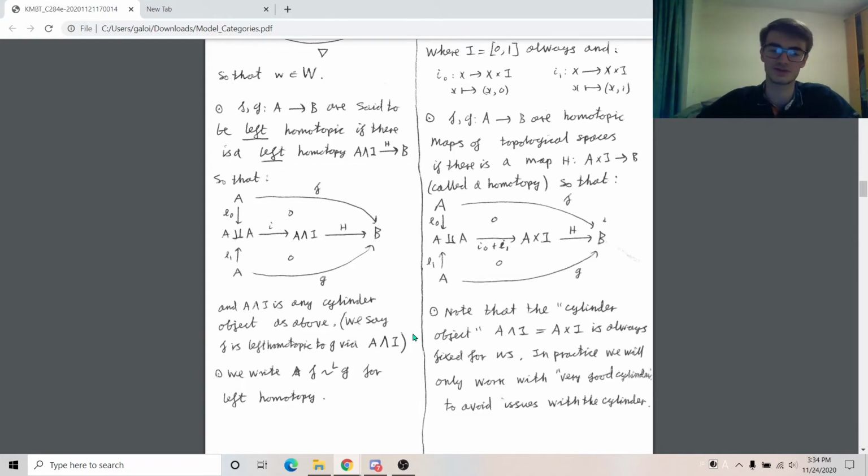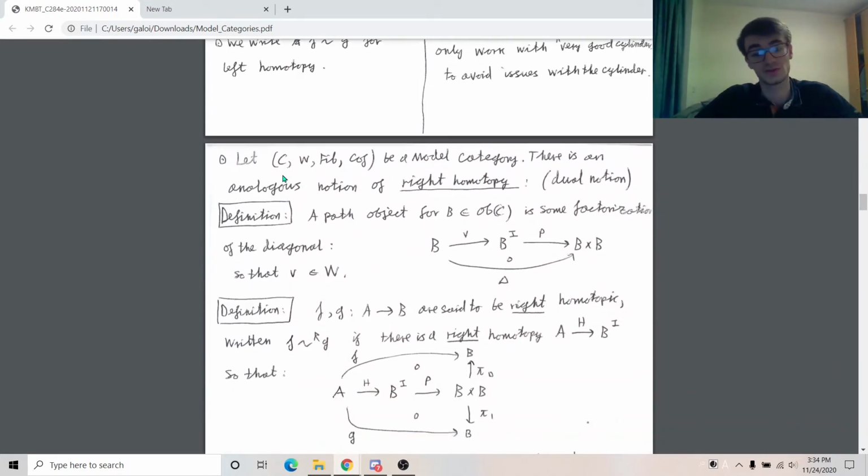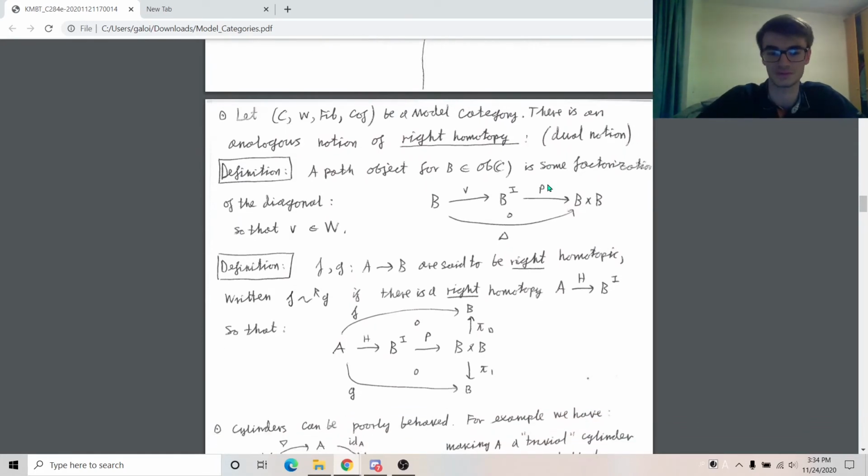And if you also restrict to certain objects which are very nice, then you can get rid of this "left". So let me talk about left homotopy. Because in a model category, there's also a notion of right homotopy, which is completely dual to left homotopy.